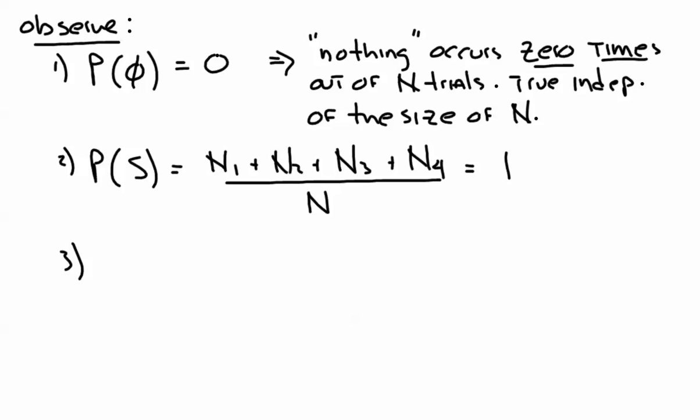So from all of this, we can then determine that probability always falls between 0 and 1. In fact, the probability of an outcome, the probability of all events, will be a real number that lies between 0 and 1.